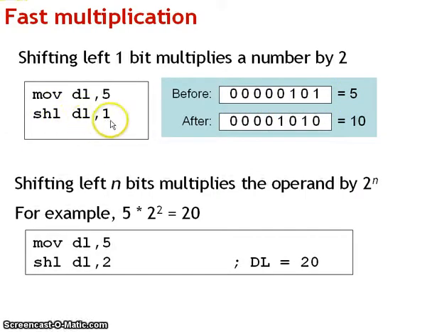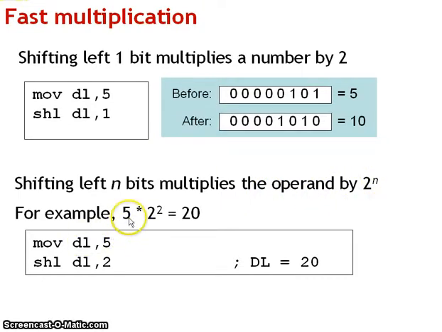After shift left DL, 1, this 1 can be thought of as multiplying by 2 power 1. So 5 is multiplied by 2 power 1, giving value 10. If I shift left by 1 time, this value will be the binary equivalent of 10. So shifting left n bits multiplies the operand by 2 power n.